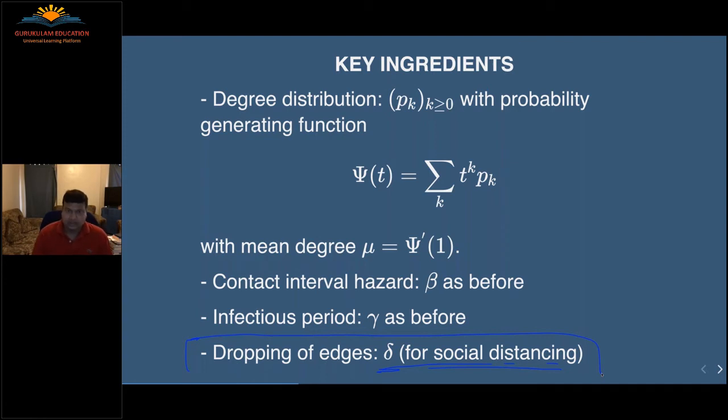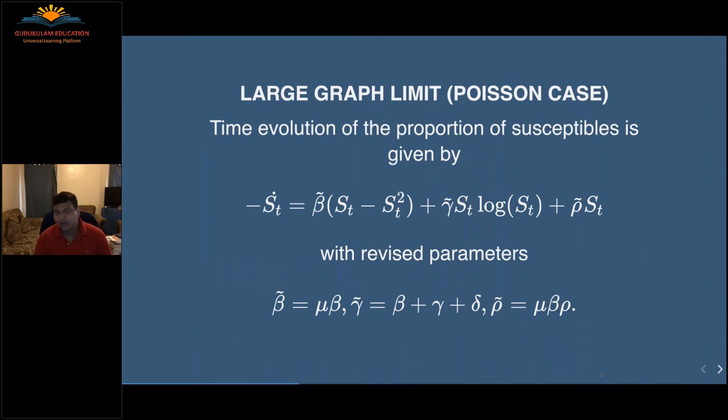Now I'm hiding all the maths behind and just showing you the final result. So let's say we assume my degree distribution is Poisson, and I take a large graph limit, so that's again a law of large numbers kind of limit. Then the final proportion of susceptible individuals in the graph is given by this equation. So you can reduce the whole thing into one single equation with these revised parameters.